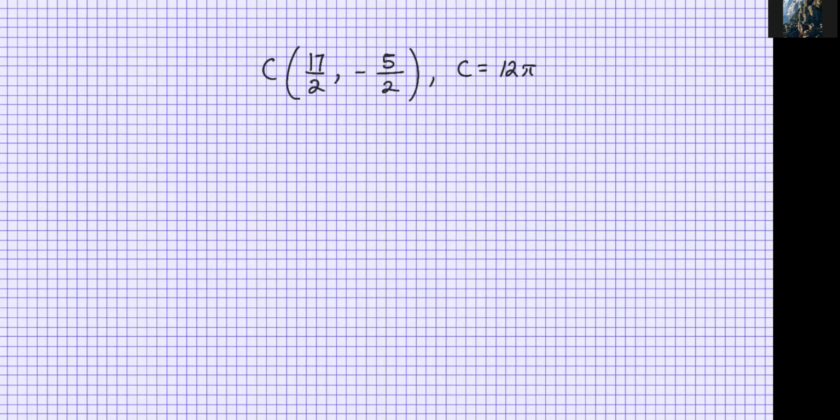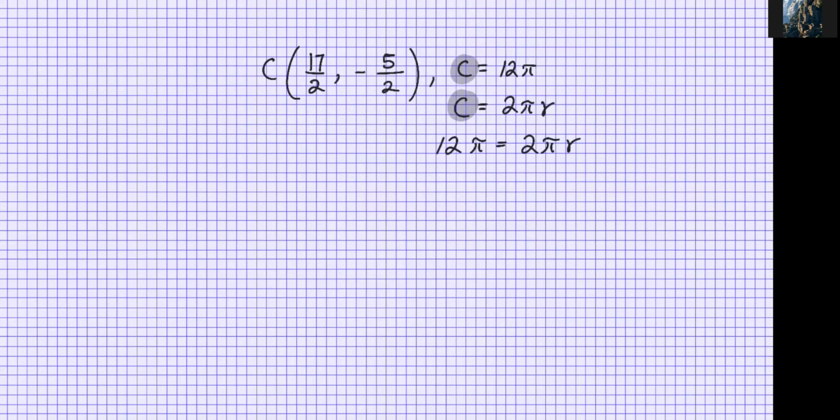Now, by definition, we know that the circumference is 2 times pi times the radius. So we can write that 12 pi equals 2 times pi times the radius.